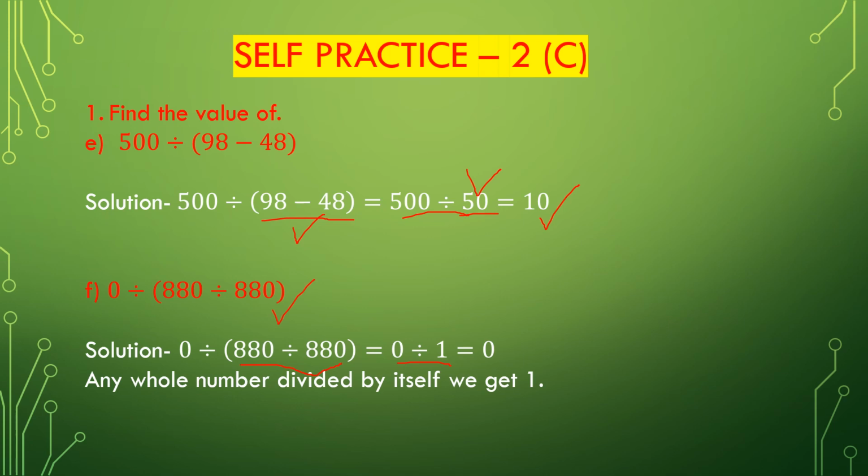Then we divide 0 divided by 1. 0 divided by 1 is 0. So we get 0 divided by 880 divided by 880, that is inside the bracket, equal to 0 only. We get 0.